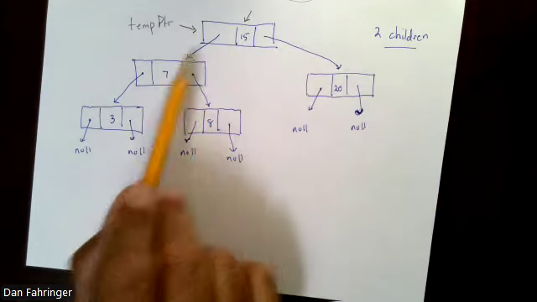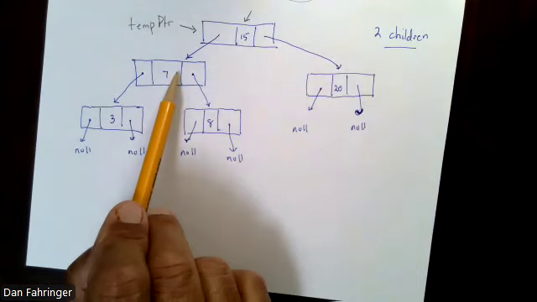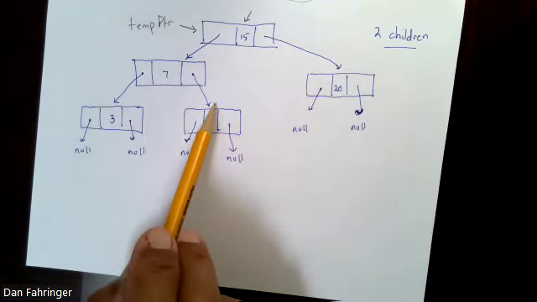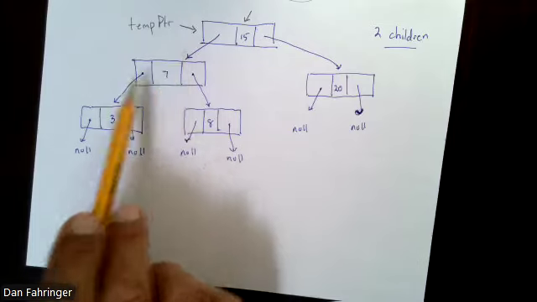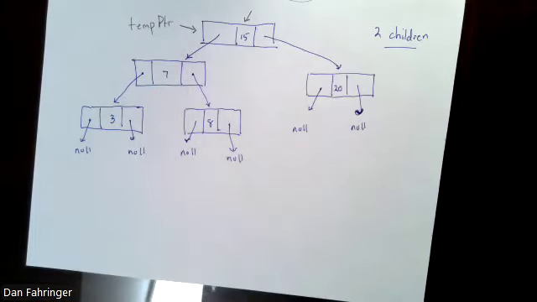I'm looking at temp pointer's left value and I'm going, woohoo. And like in the previous case, its right was null. So I went from there. We talked about what if its left was null? That would be very similar to what we just did. But what if both of them have values?